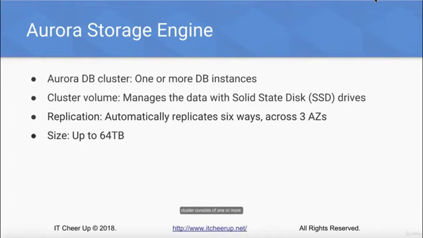Aurora DB cluster consists of one or more DB instances and a cluster volume that manages the data for those DB instances. Aurora data is stored in the cluster volume, which is a single virtual volume that utilizes solid-state disk drives. A cluster volume consists of copies of the data across multiple availability zones in a single region.